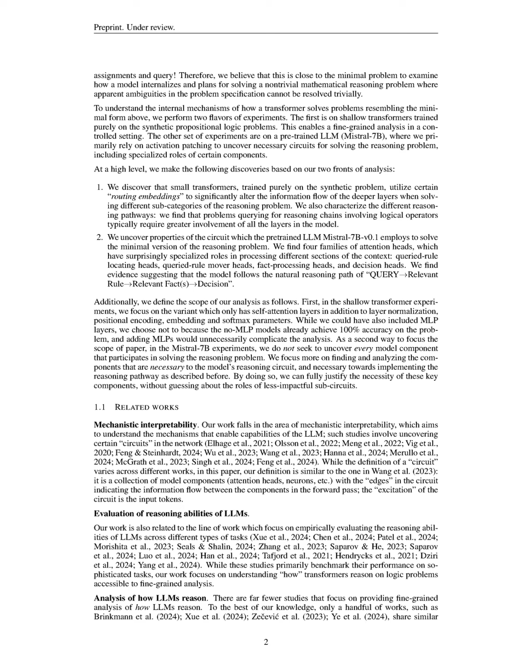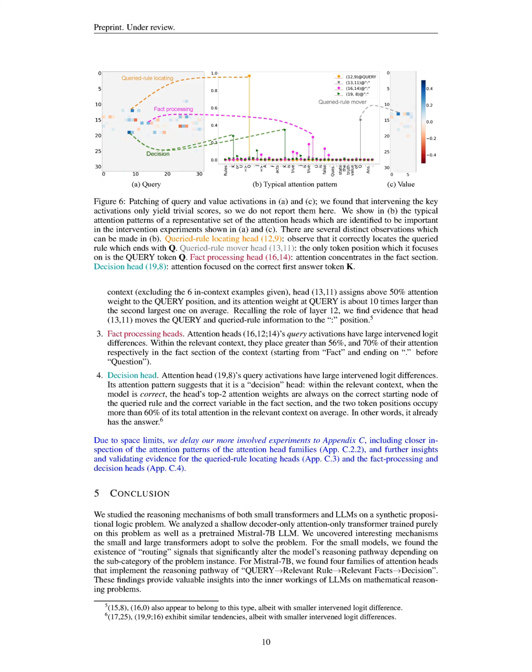Through our analysis of attention heads in the Mistral 7b model, we identified 4 specialized families of attention heads: queried rule locating heads, queried rule mover heads, fact processing heads, and decision heads, each playing distinct roles in the reasoning process. Notably, we found that the queried rule locating head is crucial for identifying the relevant rule, while the decision head consistently focuses on the correct starting node and variable, indicating that it already possesses the answer.